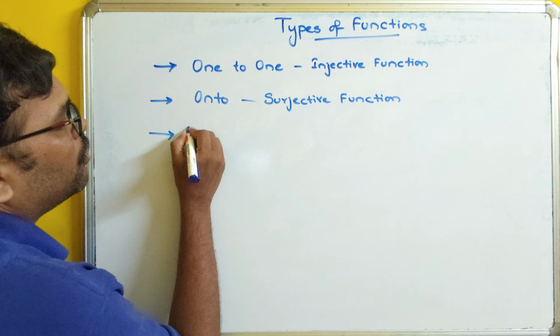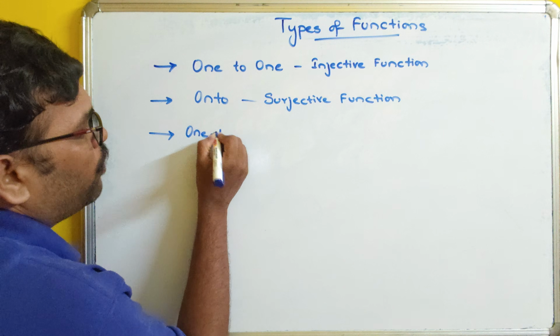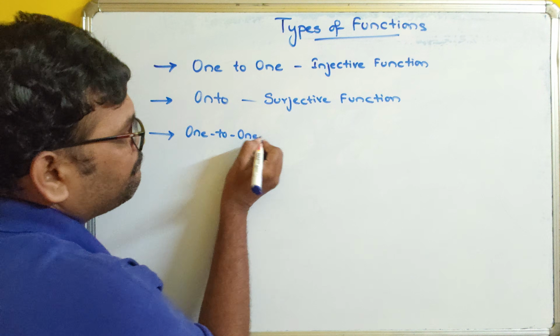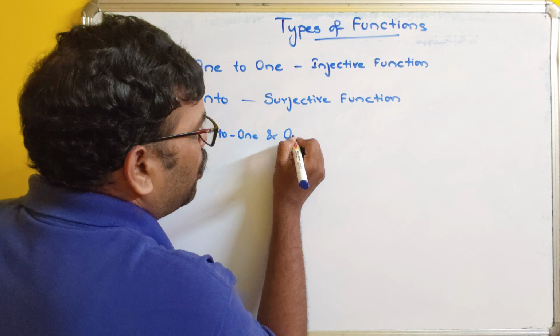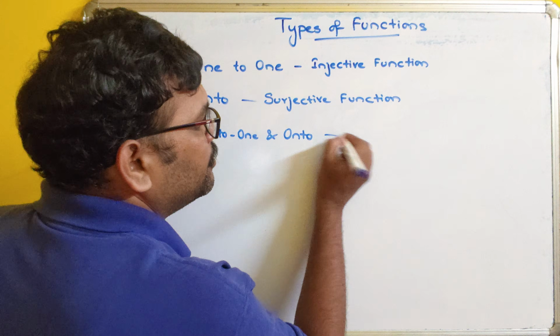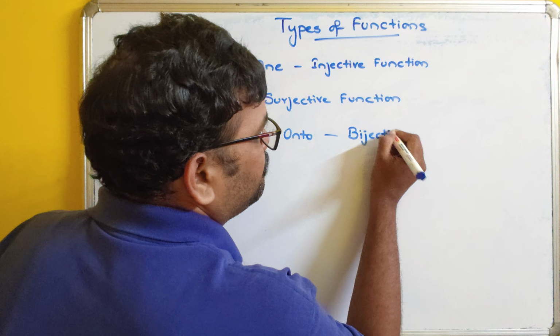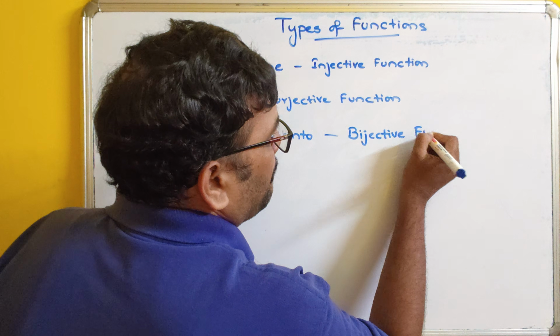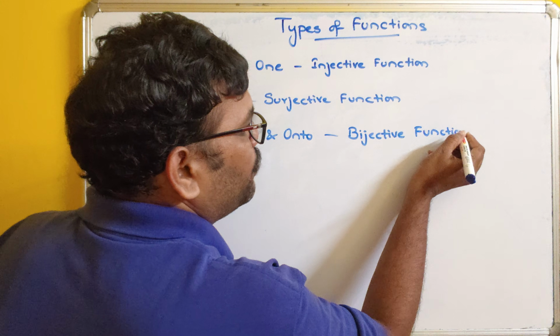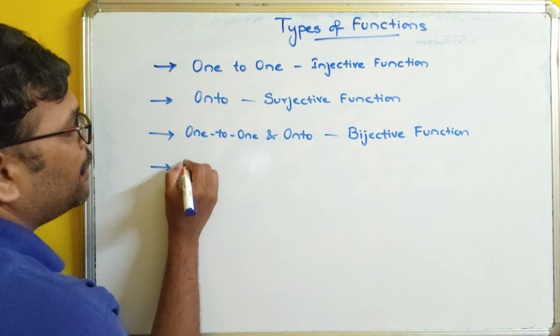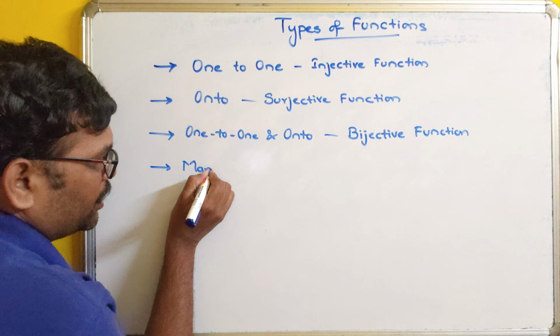The next one, one-to-one and onto function, which is also called bijective function. And the next, many-to-one function.